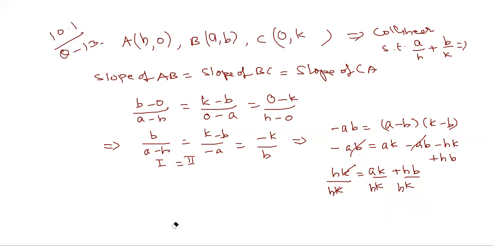So after that, we will get the answer. hk, hk will cancel. We get 1. Here k, k cancel, a by h. And here h, h cancel, b by k. So we got the proof. a by h plus b by k is equal to 1. This is proved.